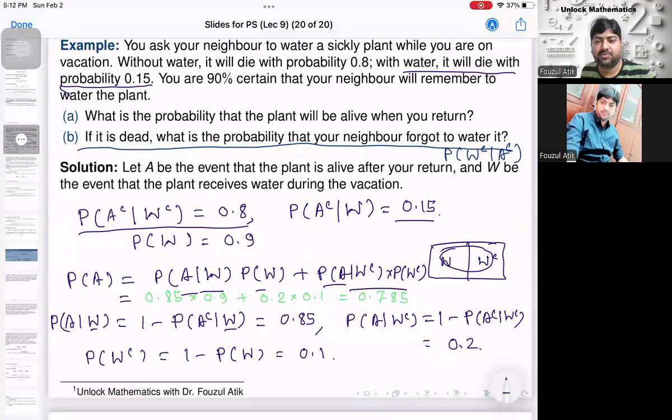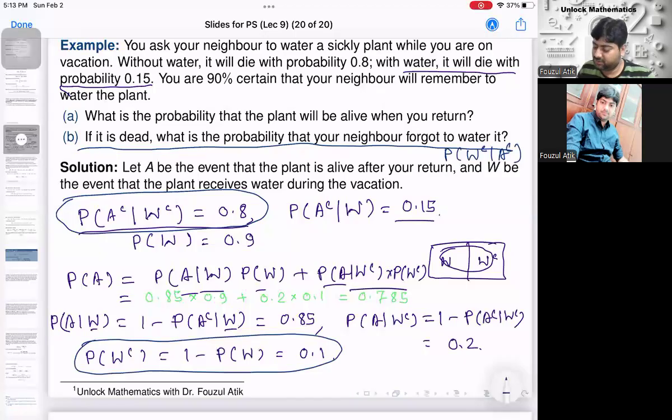Now P of W complement given A complement, how can we find it? What are the things we already have in our hand? P of A complement given W complement, we already have this. P of W complement also I have, right? So I have to get the other one.